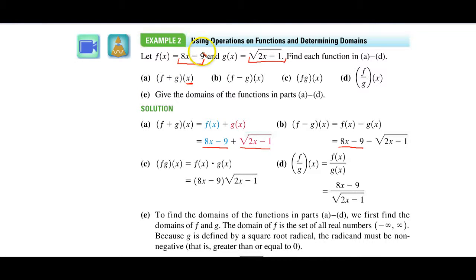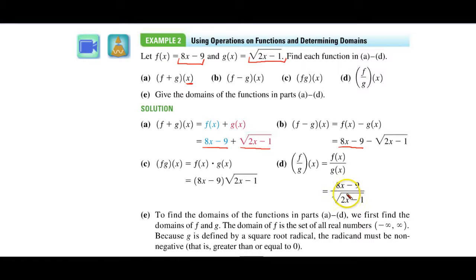Well, we put a parenthesis around this and no sign between them. This indicates multiplication. And then for letter D, again, since it's x, we're just going to put this over this to indicate our division.